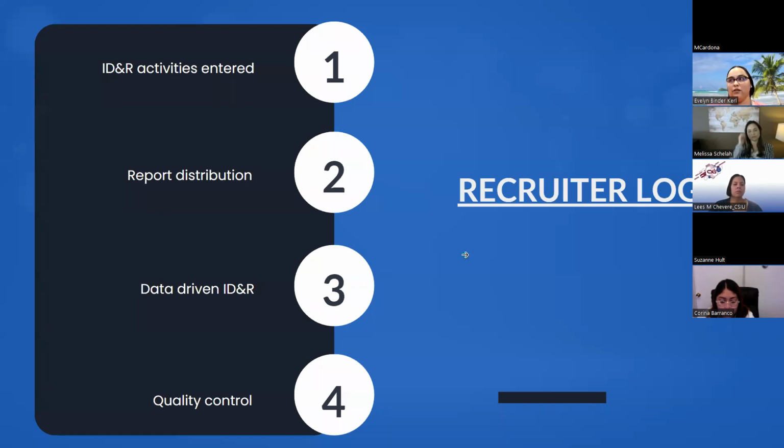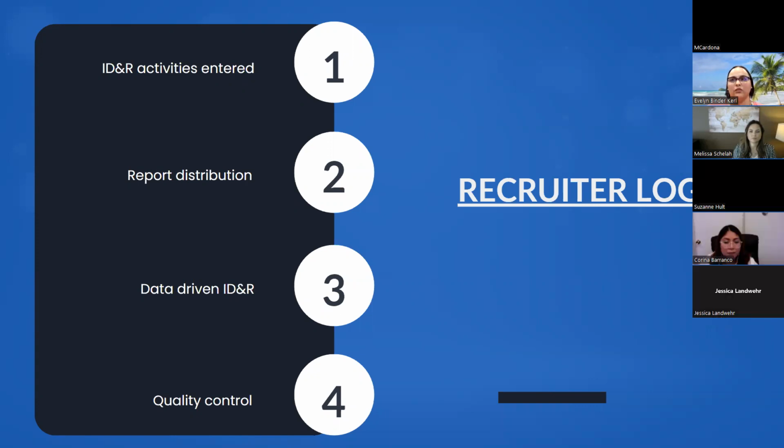Then what we use also in IDNR is the recruiter log. And so this just lists a lot of information talking about the areas the recruiters visit, the activities that they're completing, who they're talking to, if they're talking to families, if they're talking to schools, if they're talking to community agencies. And so we're really able to look at that and look at specific areas of where that information is coming from.